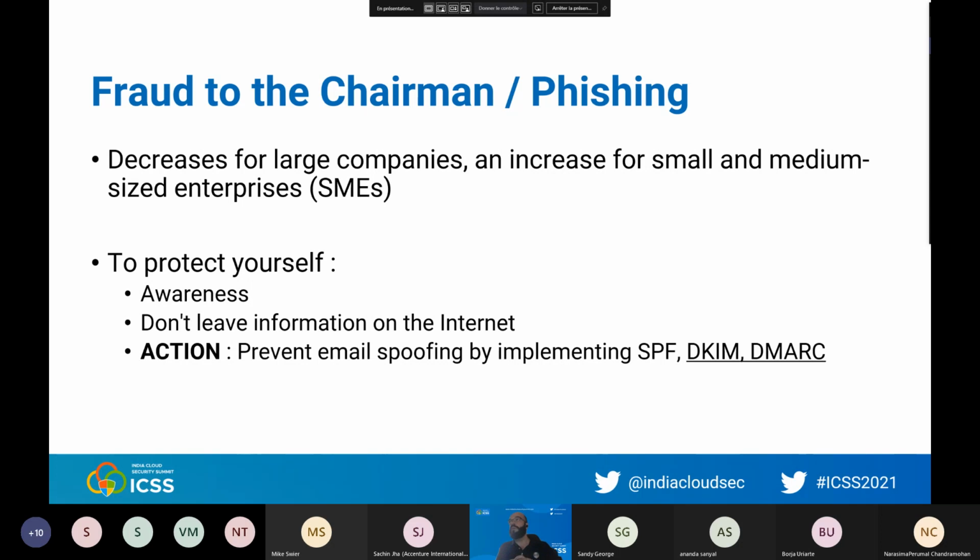There are existing mechanisms to protect emails and to avoid spoofing. Those mechanisms are called SPF, DKIM, and DMARC. SPF is a mechanism which will check that the sender is really from the proper domain.